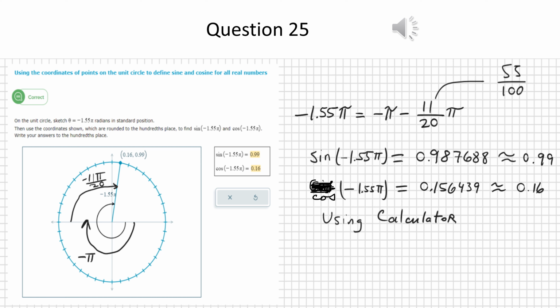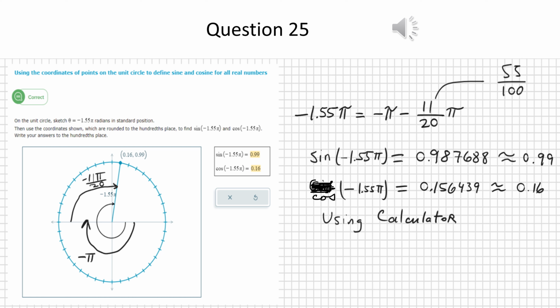So 1, 2, 3, 4, 5, 6, 7, 8, 9, 10, 11 over 20. Each division is pi over 20. And negative 11 is in the same direction, so clockwise. 11 divisions, a little bit weird, I understand.